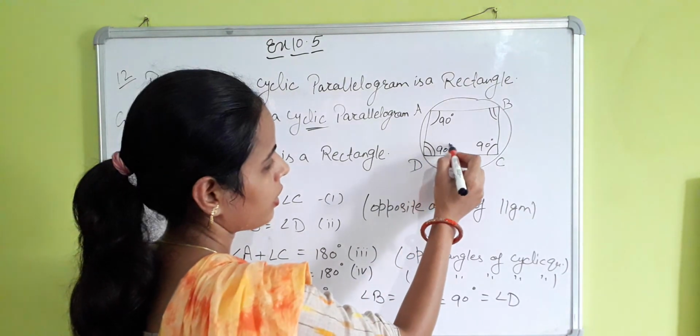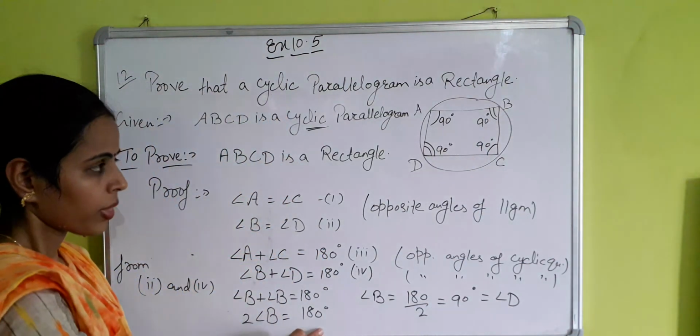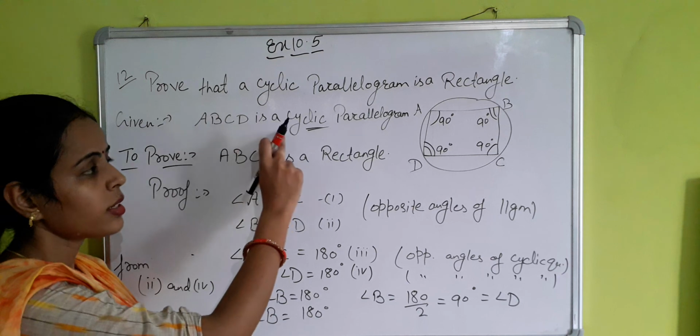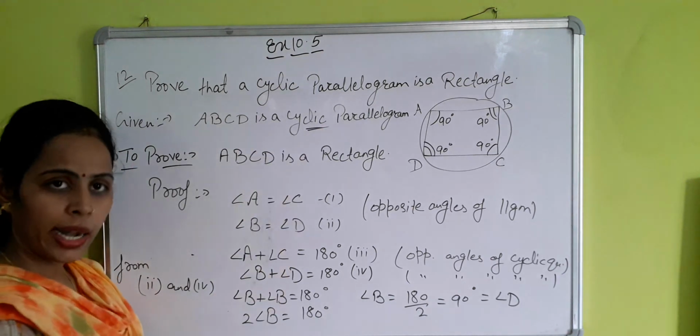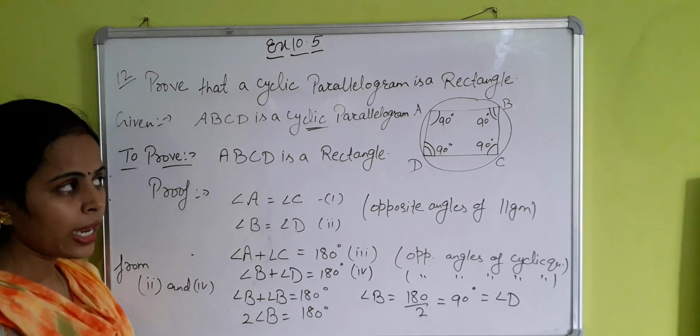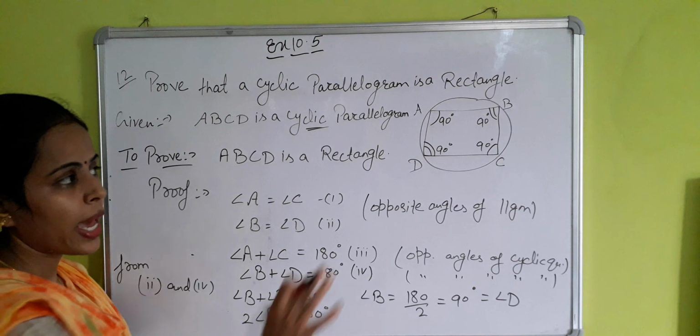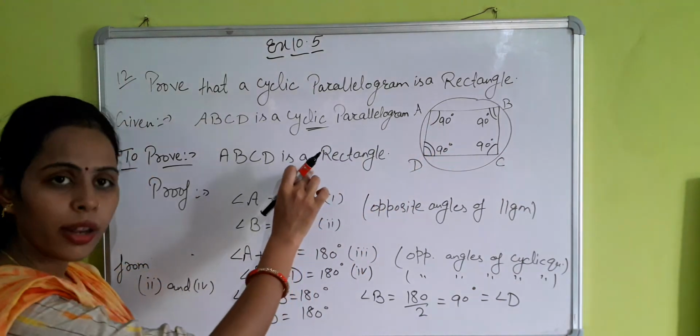Angle B and D are of 90 degree. ABCD is cyclic parallelogram. If in parallelogram angles are of 90 degree, then we can say that the parallelogram is also a rectangle.